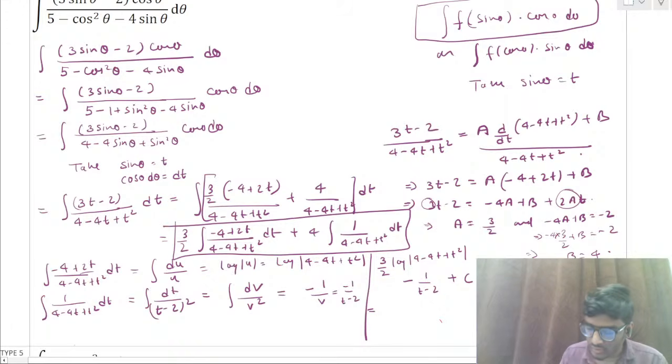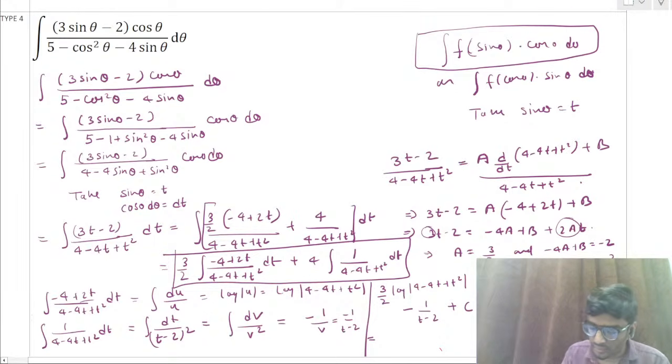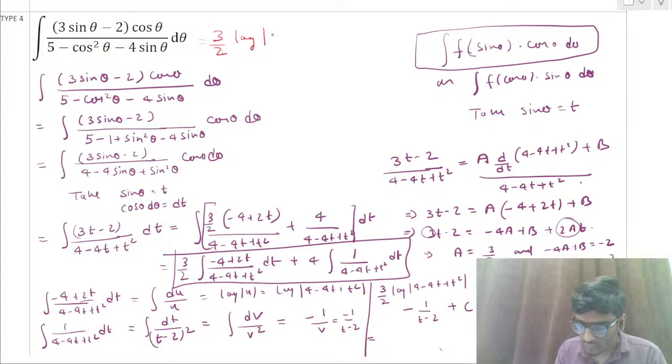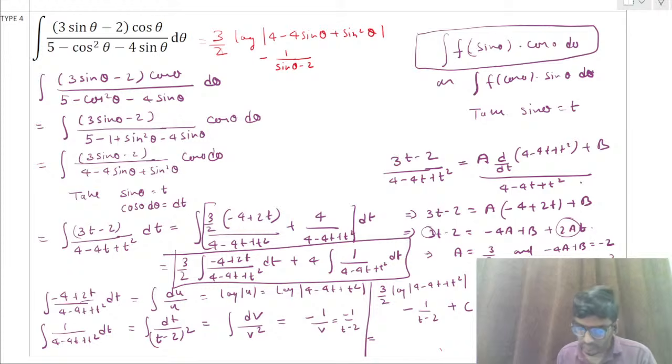So this integral becomes 3 by 2 log of 4 minus 4 sine theta plus sine square theta, minus 1 upon sine theta minus 2, plus c.